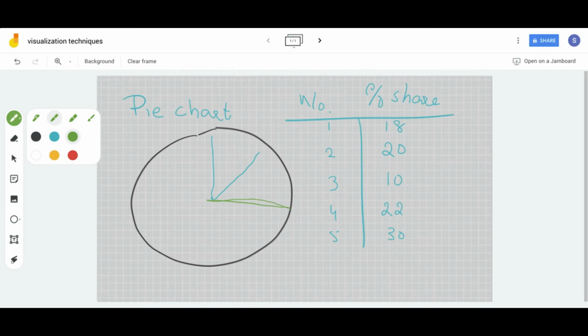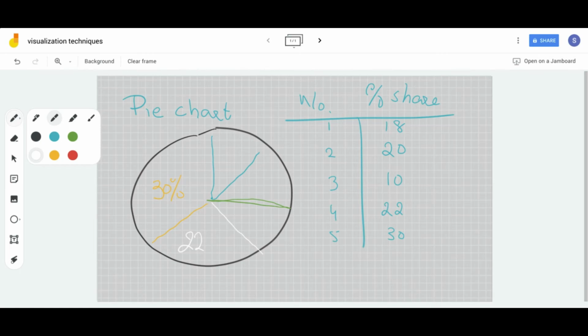Student three took just 10%, which is just about this. Student four took 22%, which is around here, and this is 30%. Now this is not to scale here, but what this means is that we've got 22%, we've got 10%.